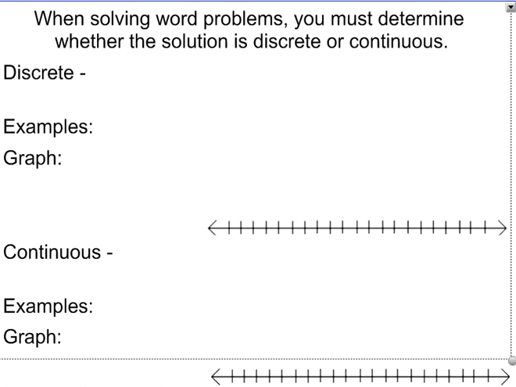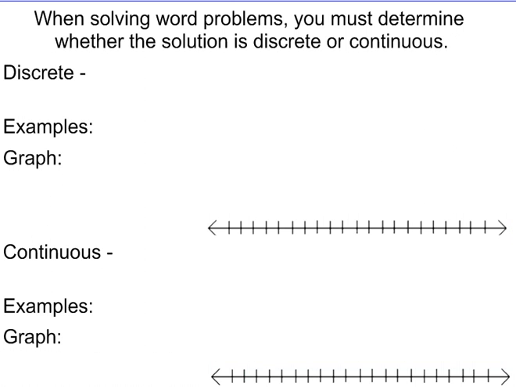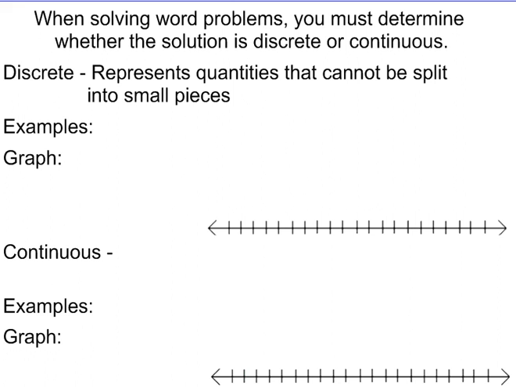Okay, next we're going to look at another vocab, or rather 2 vocab words, and those words are discrete or continuous. These apply when you are looking at graphs of word problems where there's a context to go with what you're graphing. To start, discrete is going to represent any quantity that cannot be split into smaller pieces.